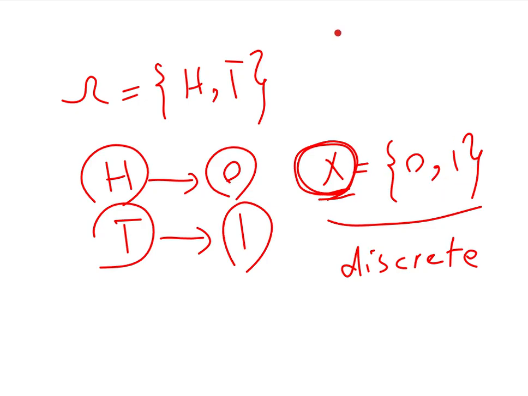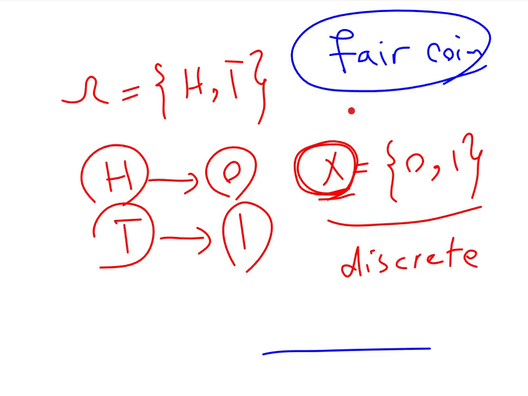If we have a fair coin, it means that the probability of heads and the probability of tails are equal to each other. So what's the PMF of this random variable? This random variable takes the values 0 and 1.